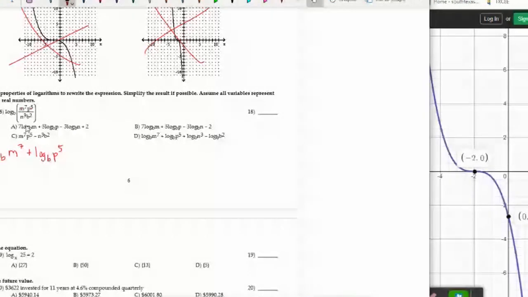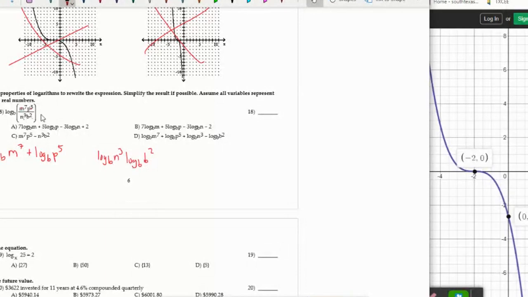These two are also being multiplied, so that would also be an addition problem. However, these two are being divided by these two, so there's got to be a minus.